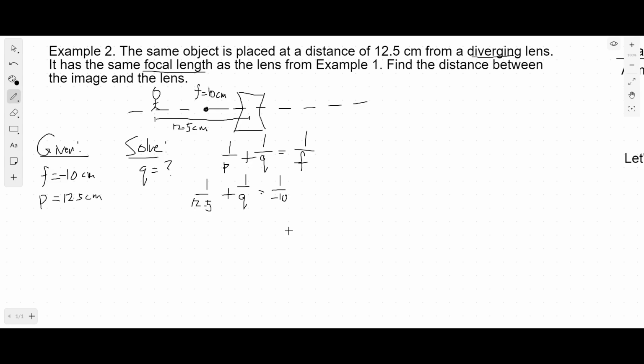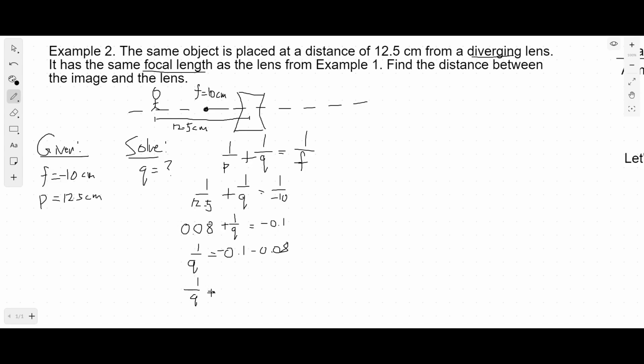Now I'm just going to do this math. 1 divided by 12.5 gives you 0.08, and this gives you negative 0.1. What I'm going to do is subtract the 0.08 to the other side. So I'll get 1 over q equals negative 0.1 minus 0.08.